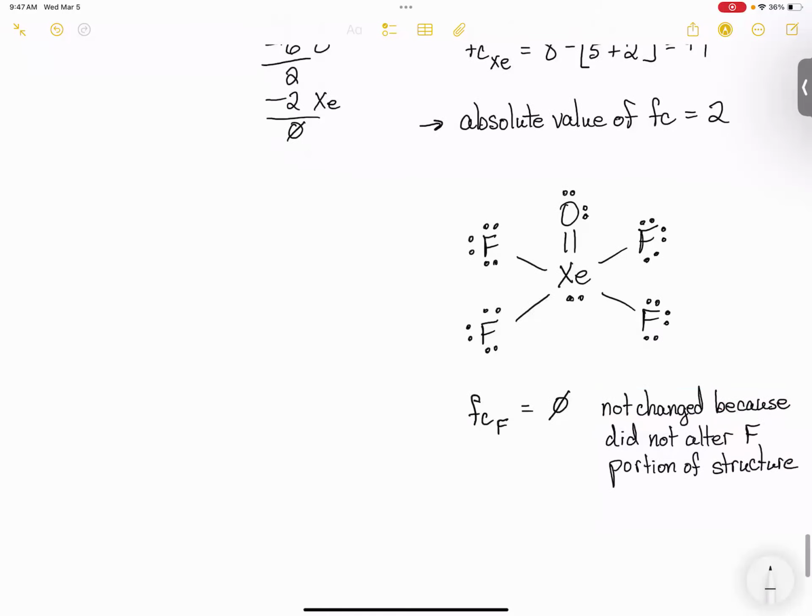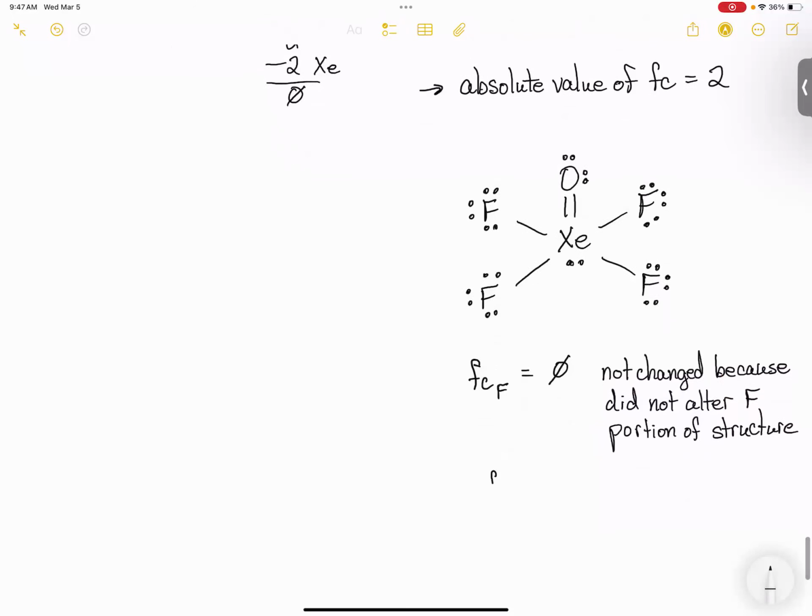So what we really need to do is look at the formal charge of our oxygen and of our xenon. The formal charge of oxygen with this new structure is 6 valence electrons minus 1 for every bond. It has 2 bonds, plus 1 for every dot. It has 4 dots, meaning that it now has a formal charge of 0.